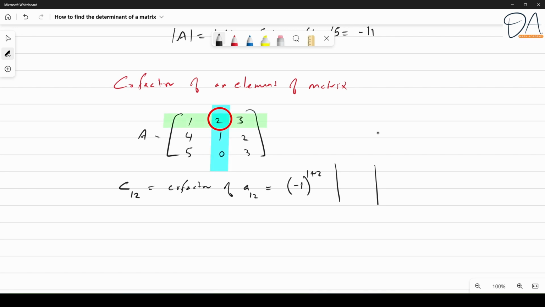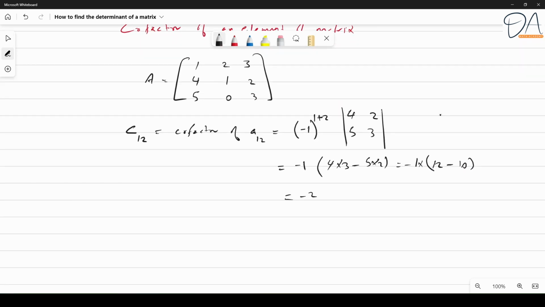So we delete the first row and the second column. The remaining elements are 4, 2, 5, 3. This gives us a determinant, and -1 to the power 3 gives us -1. Then we can expand this 2 by 2 determinant as we did before: 4 times 3 minus 5 times 2, which is 12 minus 10. That gives us 2, and multiplying by -1 gives us -2.